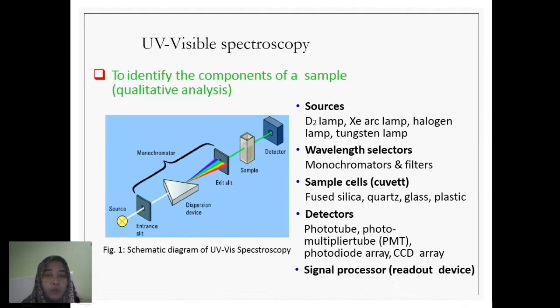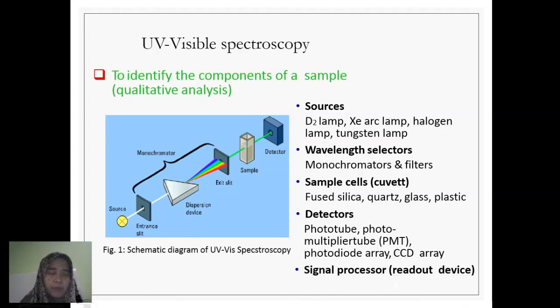When we look at this sample container, or the cuvette, we can see that a sample suited for UV visible spectroscopy must be in liquid form. The solid form cannot be used.